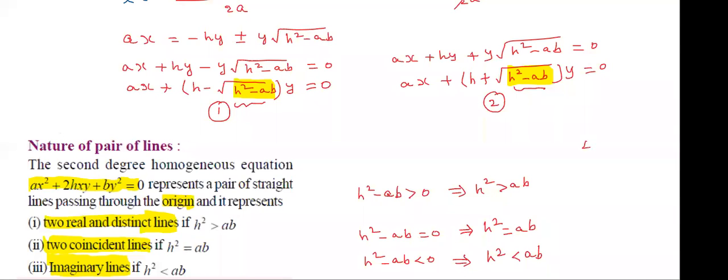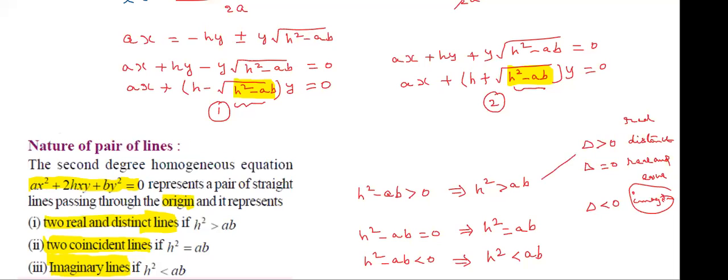By observing the discriminant, delta greater than 0, the roots are distinct. Delta is equal to 0, the roots are real and equal. Delta less than 0, the roots are imaginary.